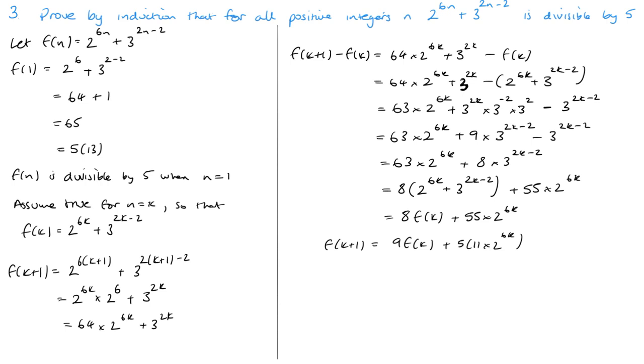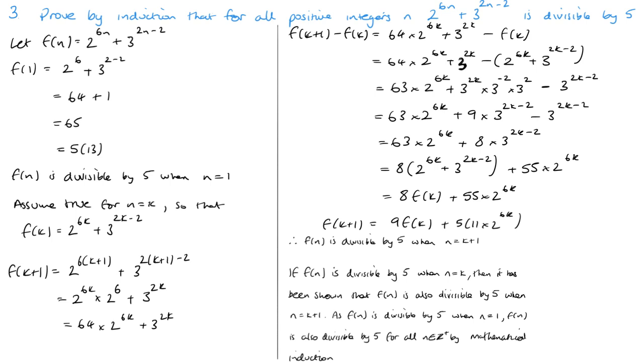Okay, which is now divisible by 5, and therefore we have proved it. All that's left is just to put in our conclusion. And of course I've made it smaller again just so I can squeeze everything onto this page so that you can see it all.